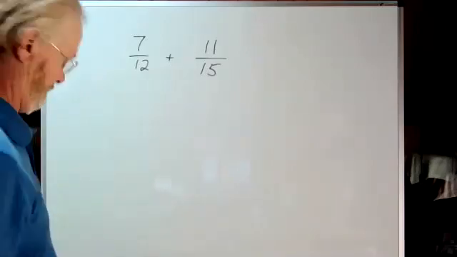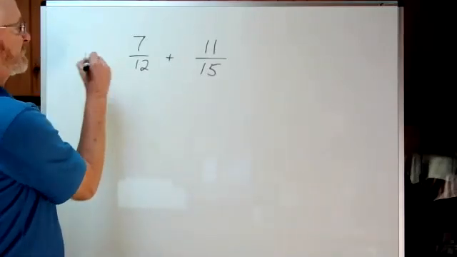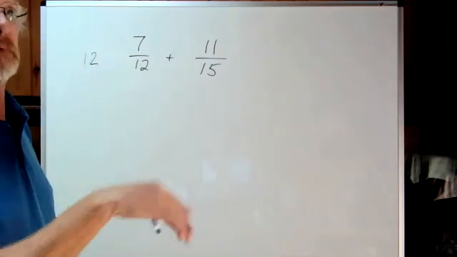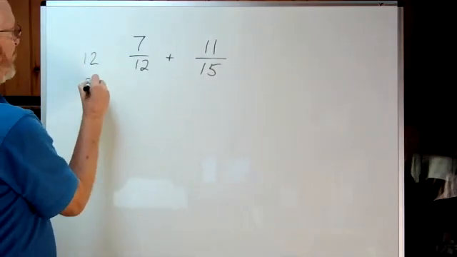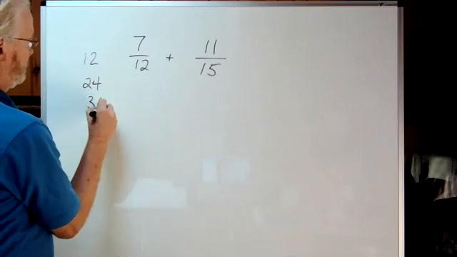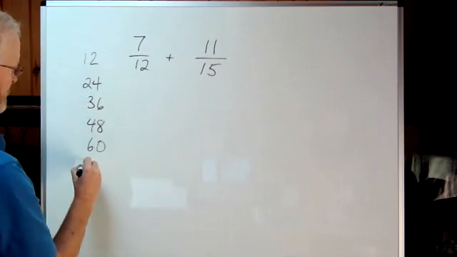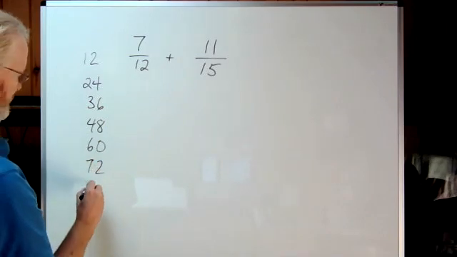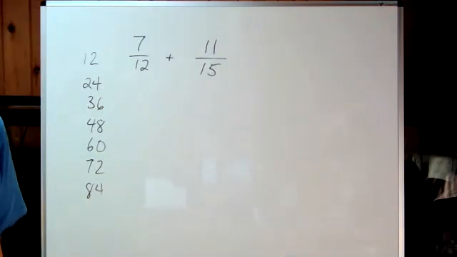One way to do that is to start with your number and start multiplying it times 1, times 2, times 3, times 4. Find the multiples, and you get a list. 1 times 12, 2 times 12, 3 times 12, 4 times 12, 5 times 12, 6 times 12, 7 times 12. I'm going to stop and hope that I run into a multiple without having to go too much further.